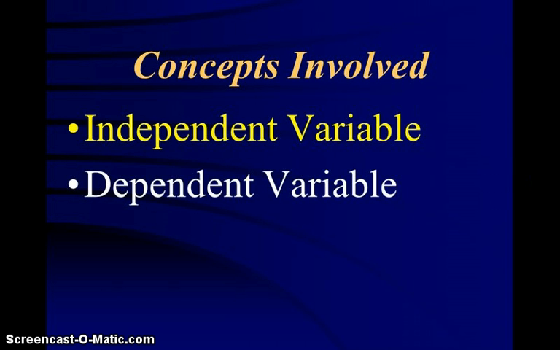The dependent variable is the concept or I guess the variable that represents something that may or may not be influenced by the independent variable. Okay, so for example, in my example a second ago, the talking about cancer and the drug.